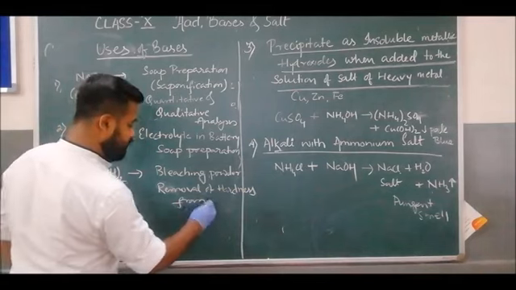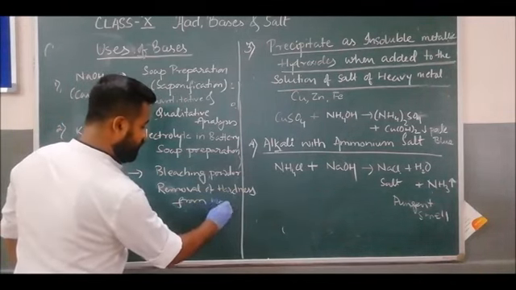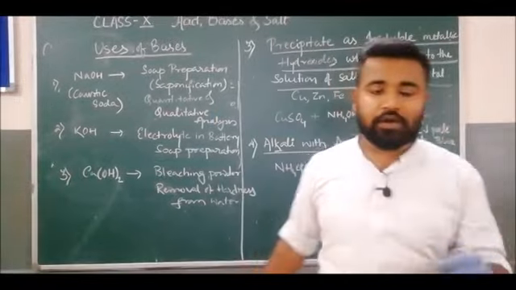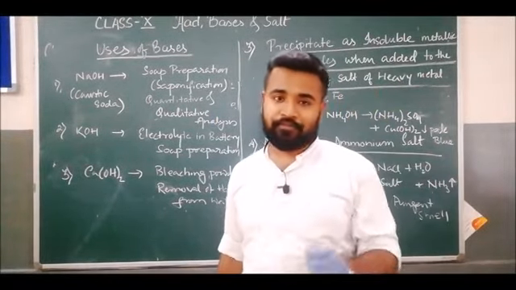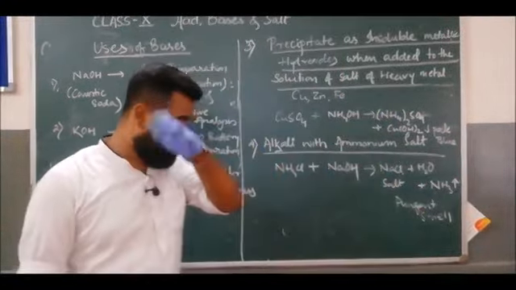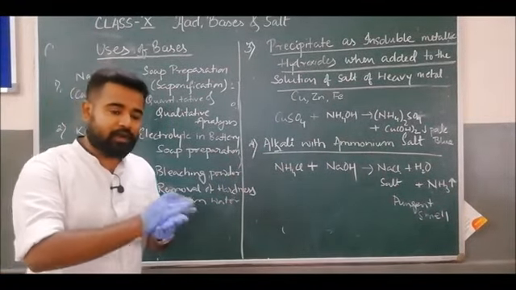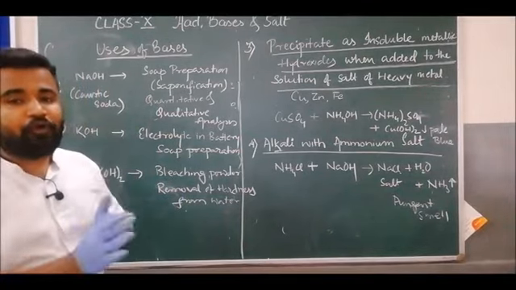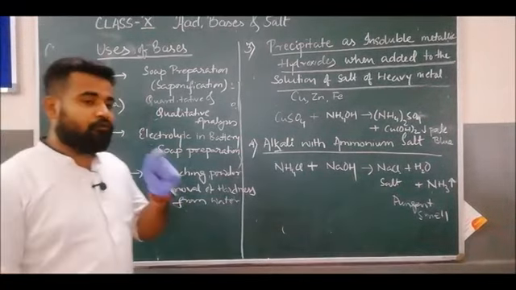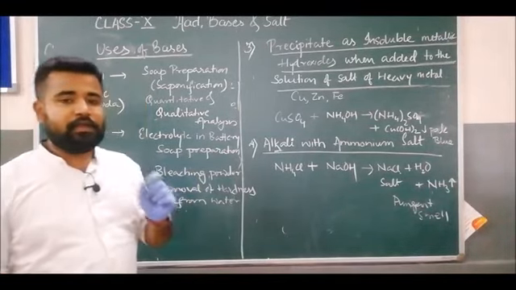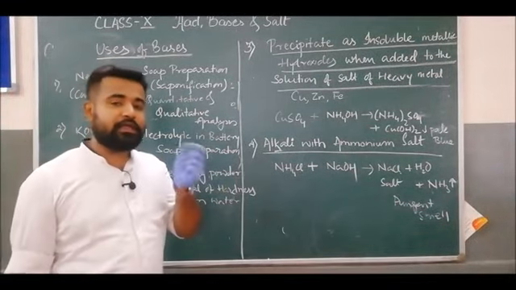So what do you mean by hardness of water? Whenever the water does not give good lather with soap, generally when we are applying soap over our hand, if we are not getting good foam or lather, then that water is called hard water. The soap does not work properly in hard water.